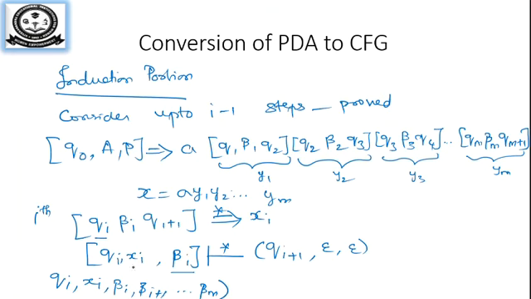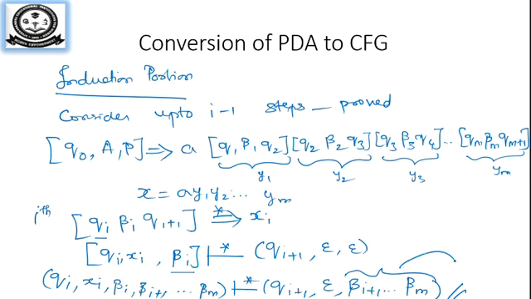So this can be derived to qi+1, epsilon, beta i+1 to beta m. This entire portion will be in the stack and it will be erased fully, because the PDA is accepted with the empty store.